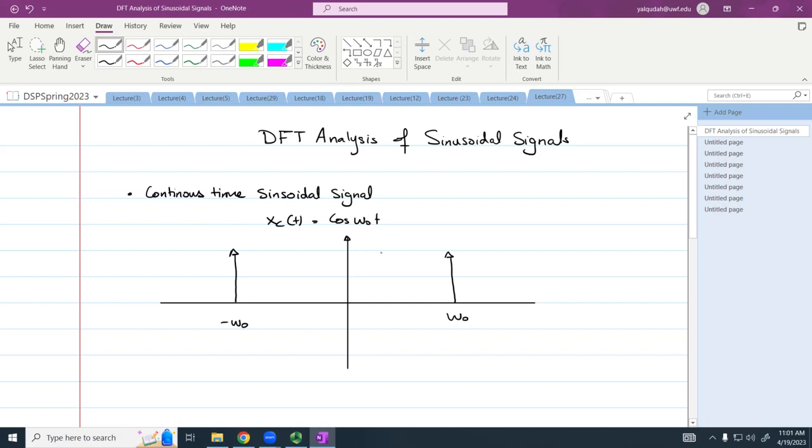And the magnitude of Xc of j omega is going to equal pi and pi.